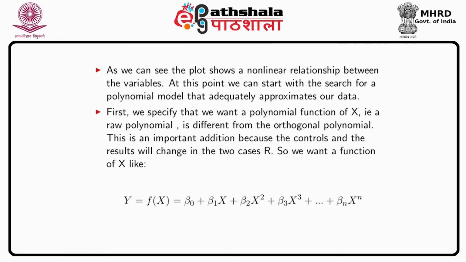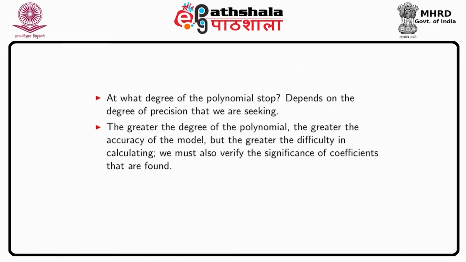But if I decide to fit a polynomial regression, the next question which I ask myself is what should be the degree of polynomial, or rather what should be the value of n that we have seen in the previous functional form. Now the degree of precision that we want in fitting a regression model will dictate what the order of the polynomial should be. By increasing the degree of polynomial that we are using, we will increase the precision of the model.